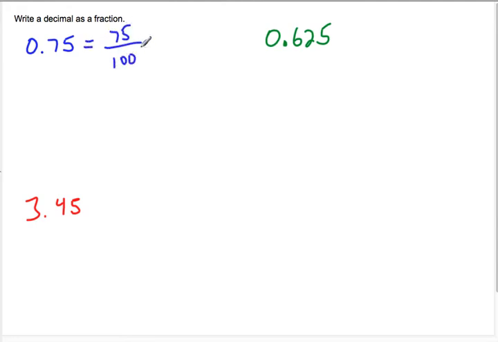Now it's not quite so simple, because anytime you put something into a fraction, it has to be reduced. So I can divide both of these by 25. So if I divide both of these by 25, I can get 3/4.